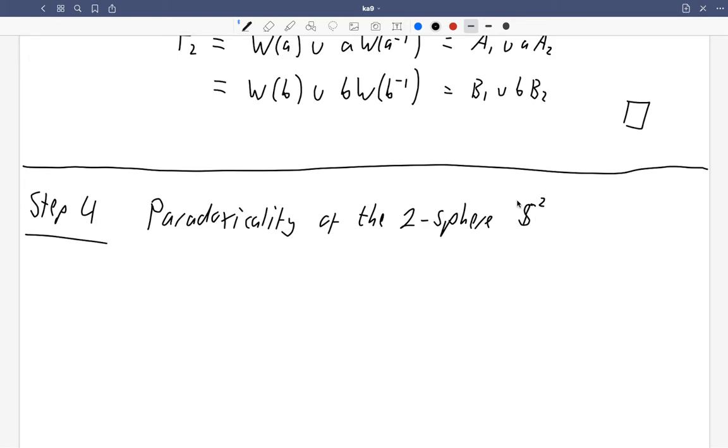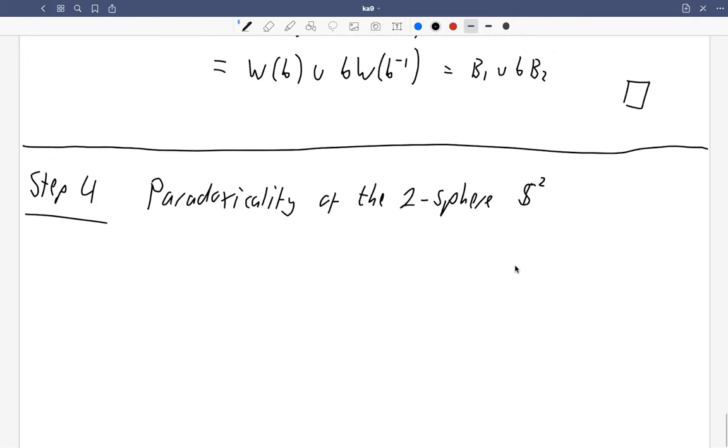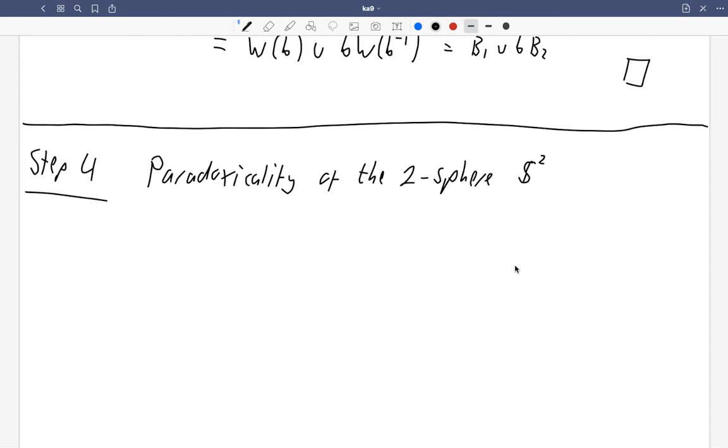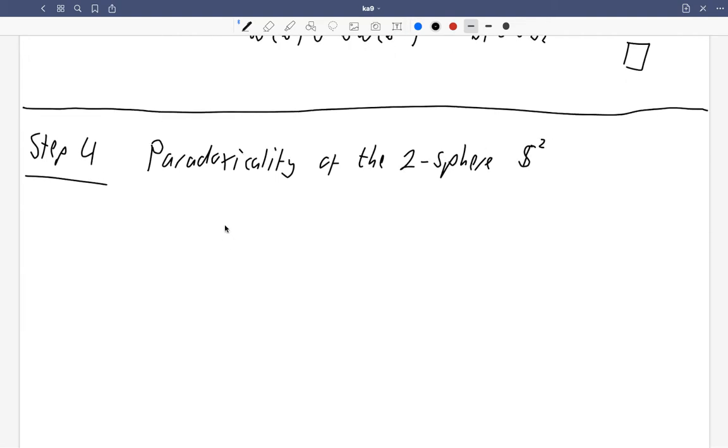This is the surface of the unit ball. So S2 is, remember, all x, y, z in 3-space such that x squared plus y squared plus z squared equals 1.